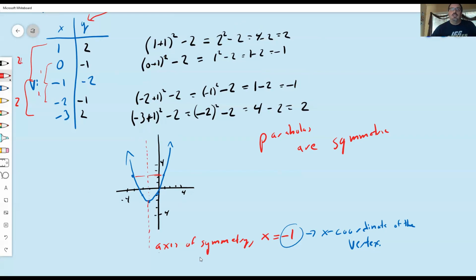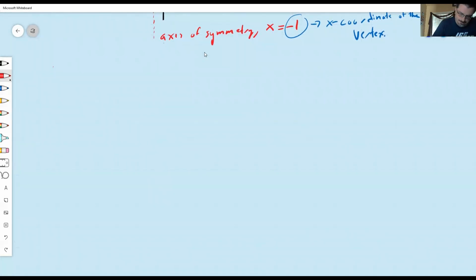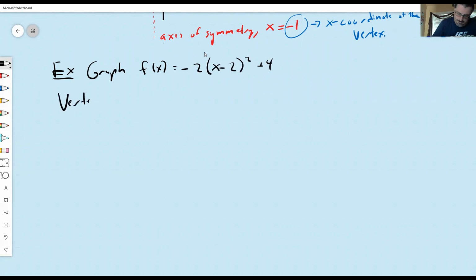All right, so let's try another example. We'll use symmetry to make life a little simpler. All right, here we go.